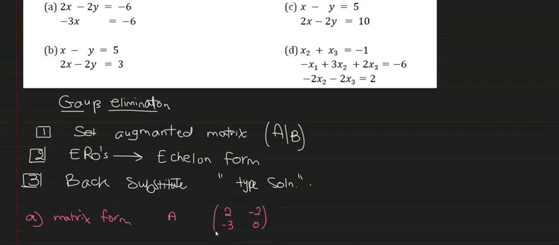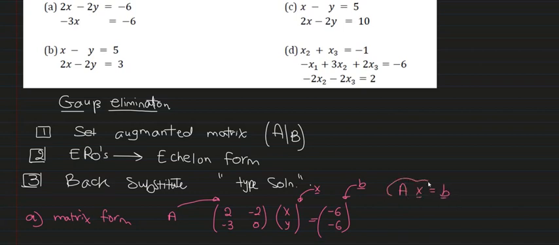So this A is multiplied by the vector of unknowns, which is here x and y, equal to the right side, which is the results or the B's, negative 6 and negative 6. So this is the matrix form. That is A and the unknown vector x, and this is the B vector. This is a vector and that is a vector, right? So you can write it now in the form AX equal B.